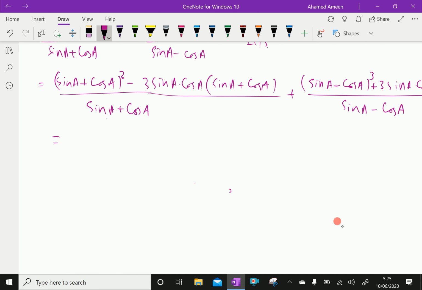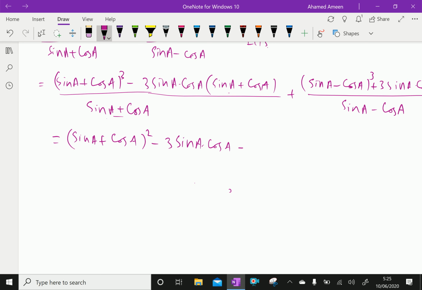Dividing sin A plus cos A, it is sin A plus cos A whole square minus 3 sin A cos A, because sin A plus cos A cut.